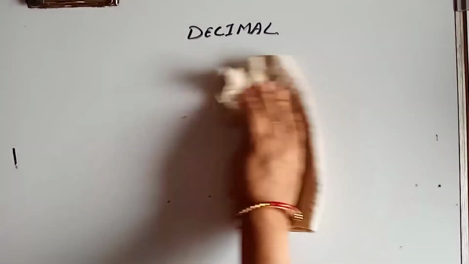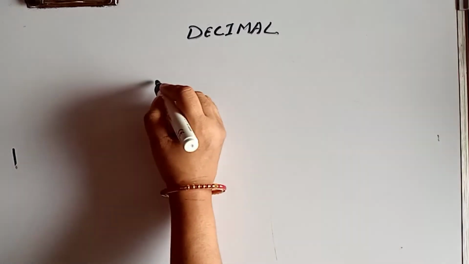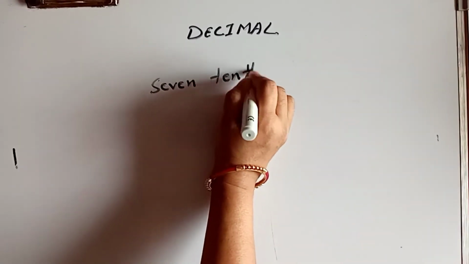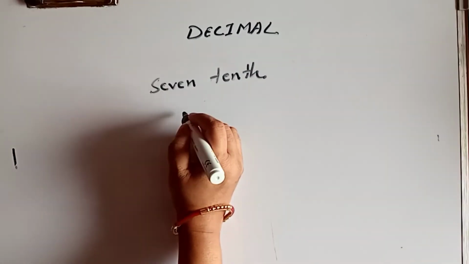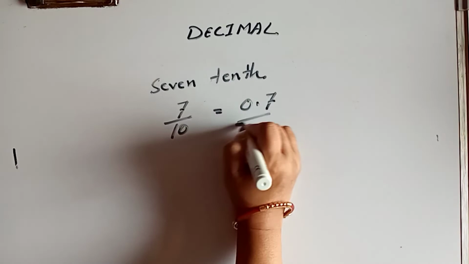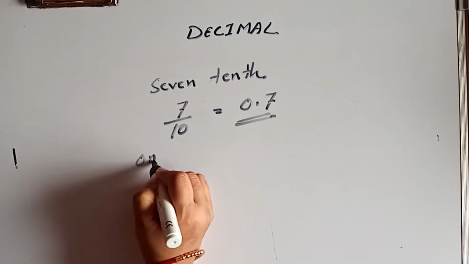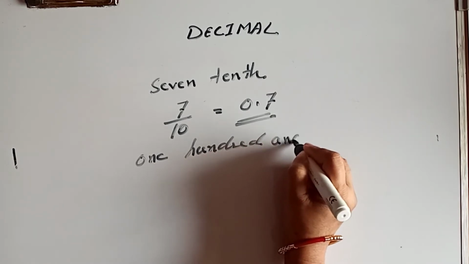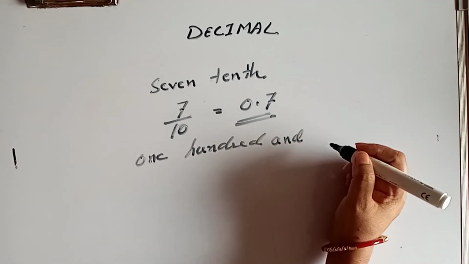And if it is given in words, suppose it is given as 7/10. So how will you write 7/10? That is written as 0.7. Clear? Or 100 and 900.